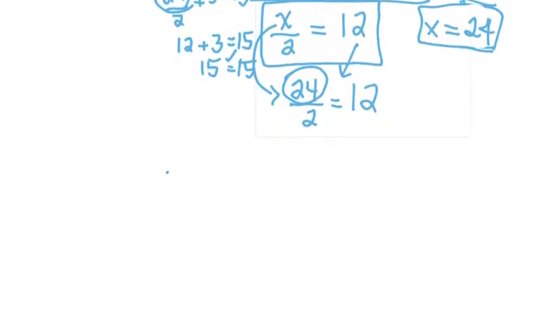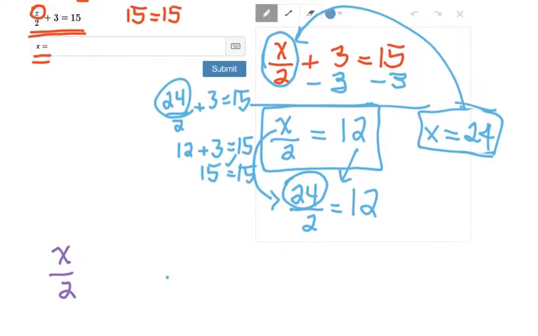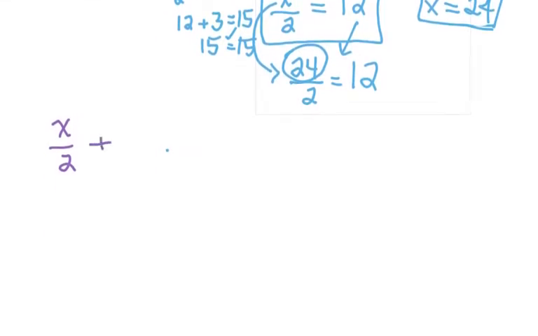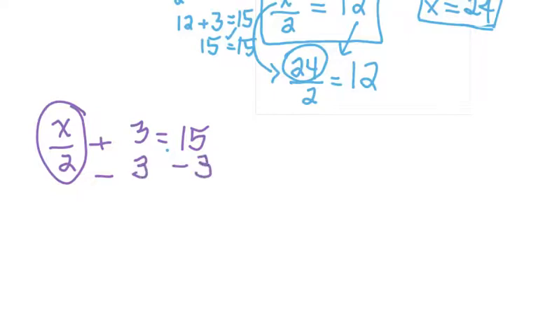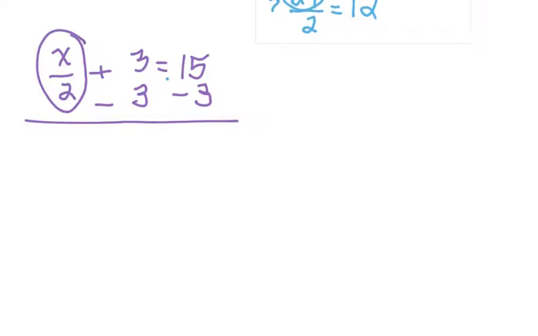I'm going to go back and rewrite x over 2 plus 3 is equal to 15. Again, I'm going to note that I want to isolate x over 2, and by doing that, the very first thing I'm going to do is subtract 3 from both sides, just like I did before, which leaves me with x over 2 is equal to 12.